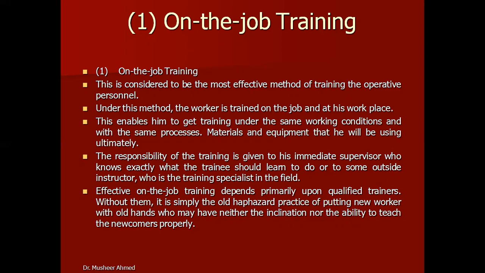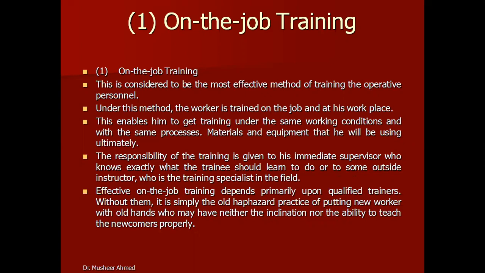He is doing his normal job and he is attaining training. He is handling his normal tools, equipment, and machineries, and he is getting learning out of it. He is getting training out of it, how to do the job well.